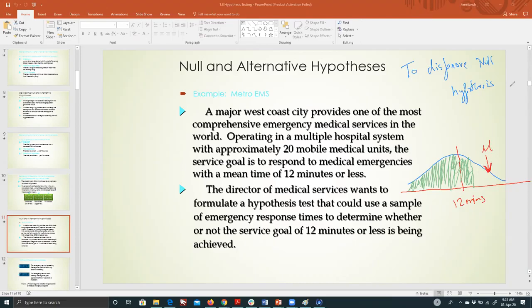So does it look like a lower tail problem or an upper tail problem? Upper one, right? It's an upper tail problem. Lower is fine. If it is taking 12 minutes or less, why would I care? The problem is more than 12 minutes, and by how much you are going wrong. So the upper part is the serious problem. So this is a one tail problem, but an upper tail problem, not a lower tail problem.